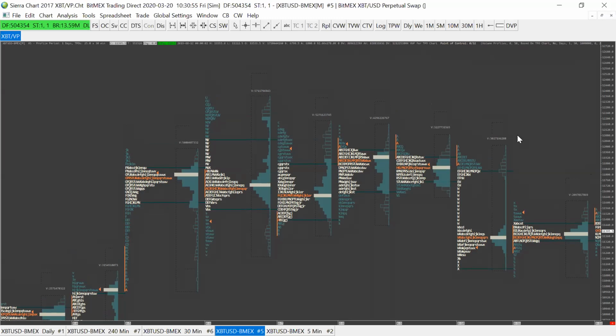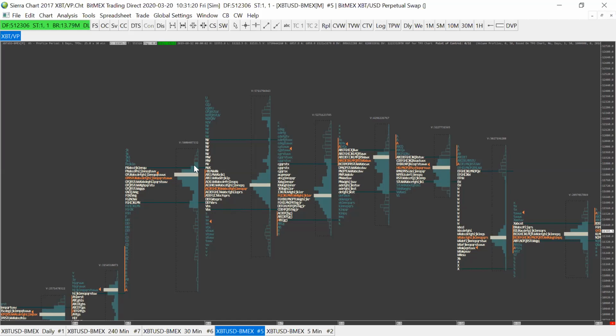The idea is that when price moves out of value and then trades back into the previous day's value area, one mechanical trade strategy you can explore is to trade it back to the other side of the previous day's value area, with a stop beyond the previous day's high or low.